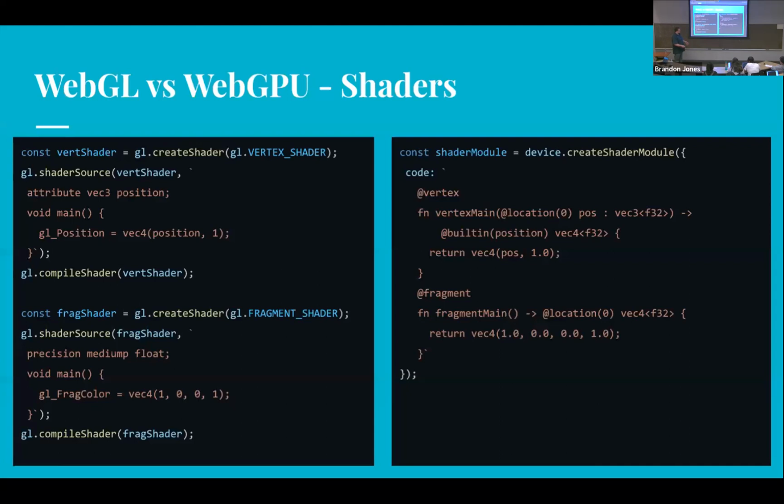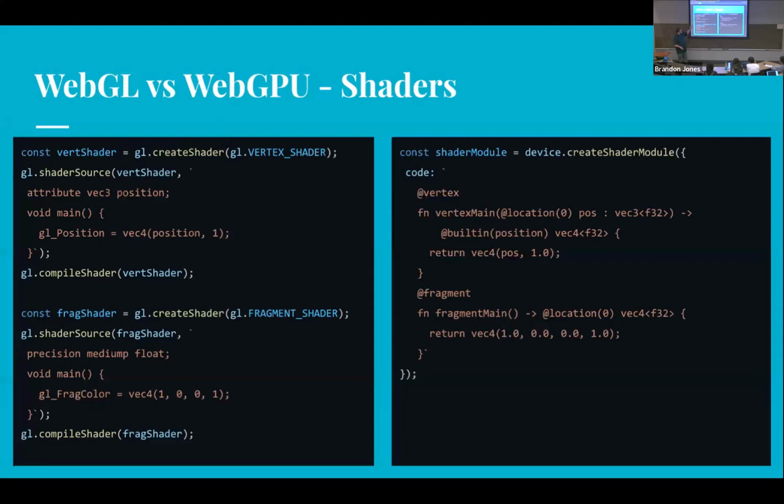The one unfortunate thing about it is that with WebGL, you had a lot of examples of how GLSL code works and whatnot. We don't have the same volume of reference material for WGSL just yet. Hopefully it will build up over time. But it also hasn't been a particularly onerous language to work in, in my experience.